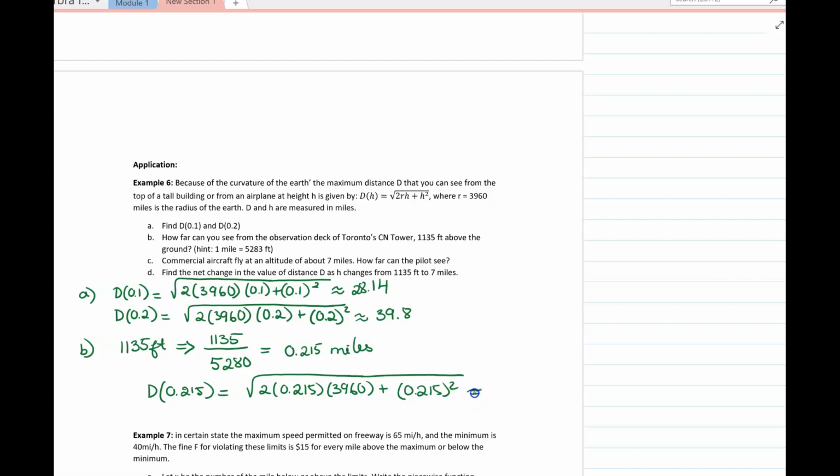And that is about 41.3 miles. So on top of the observation tower, you can see as far as 41.3 miles.